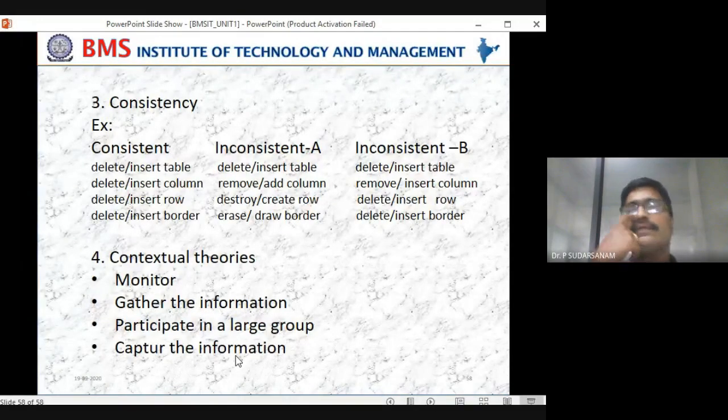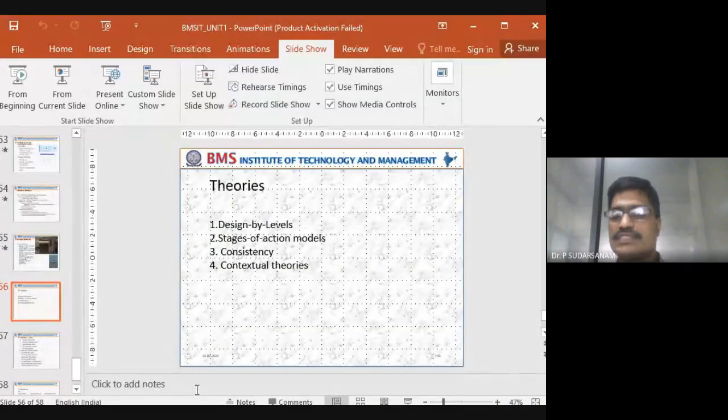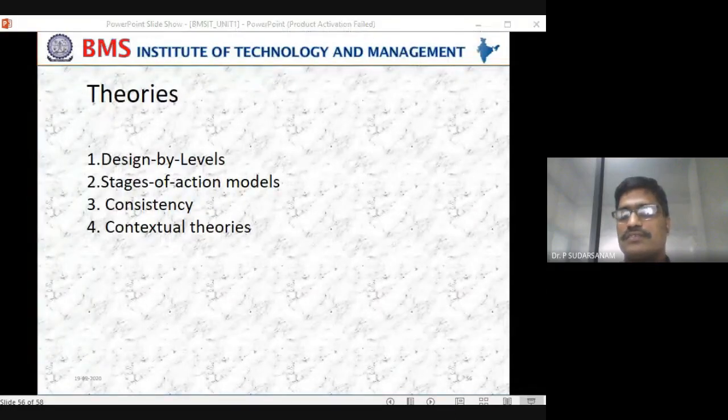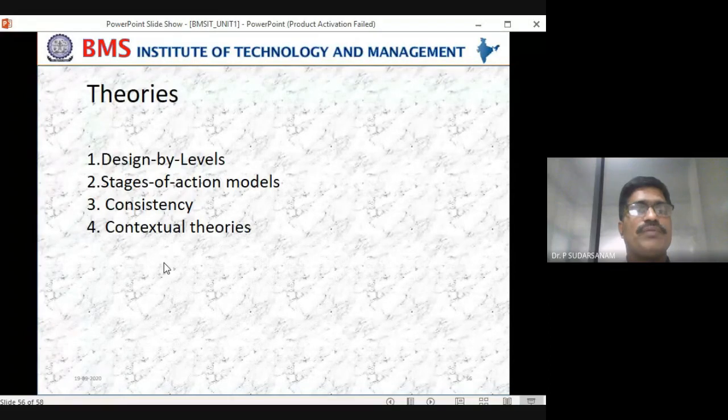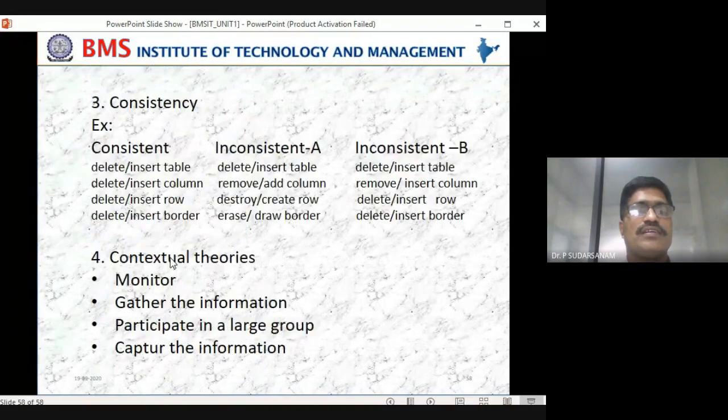Next is gather the information. This is also important. When you are doing one process, you have to gather the information. For example, if you take an automobile, you have to gather the information, whether it is running properly or not. So you have to collect the information.